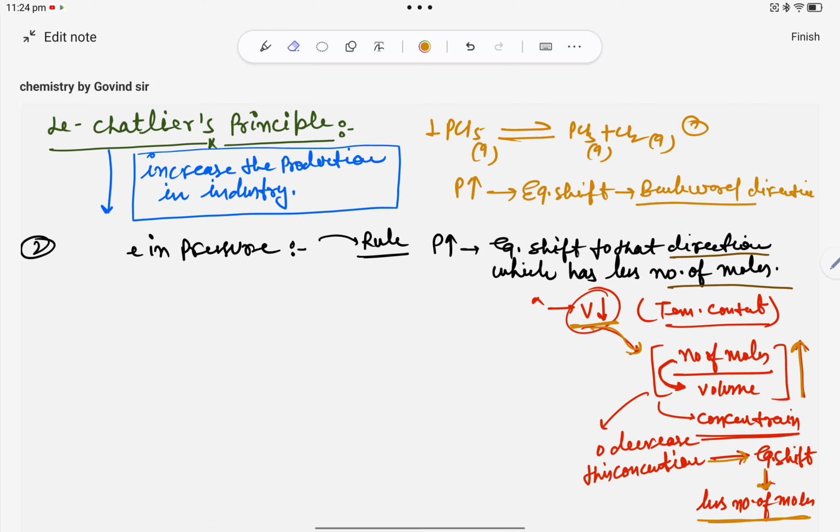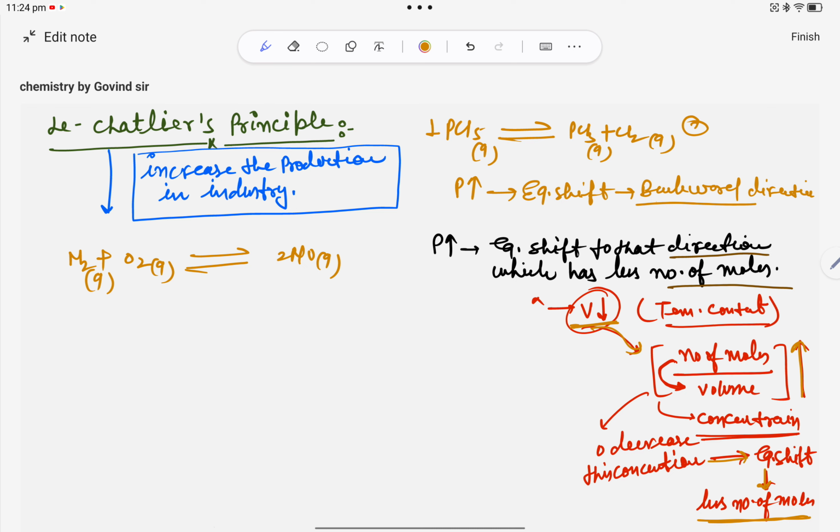Okay, the next example is important. It is given N2 gas plus O2 gas, forming 2NO gas. Here, if you increase the pressure, in which direction does the equilibrium shift? Now the problem is, here 2 moles and here also 2 moles.